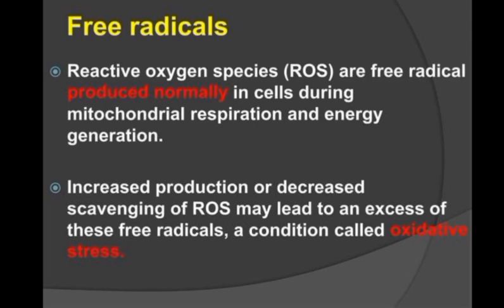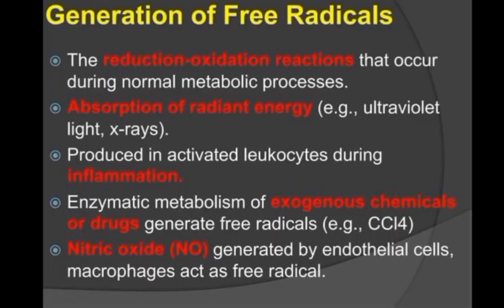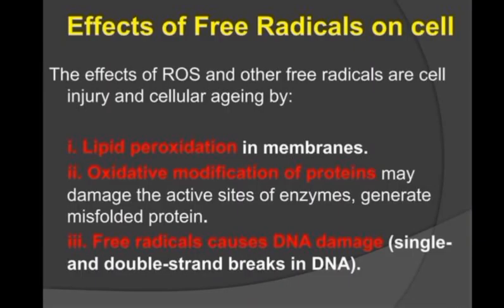Reactive oxygen species are produced normally in cells during mitochondrial respiration and energy generation. Increased production or decreased scavenging of reactive oxygen species may lead to an excess of free radicals, a condition called oxidative stress.